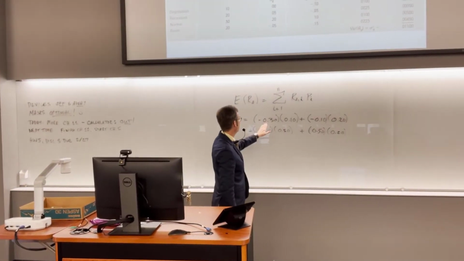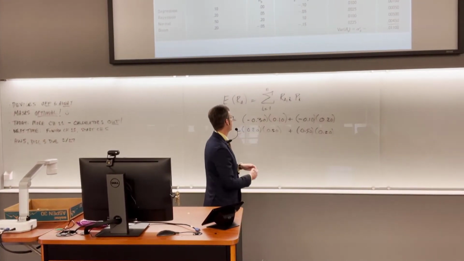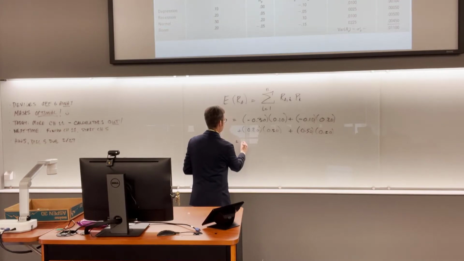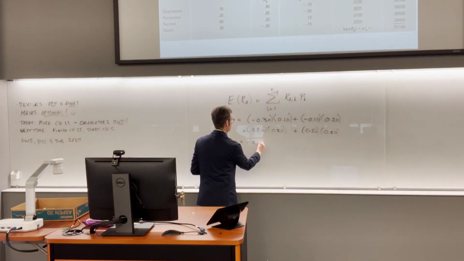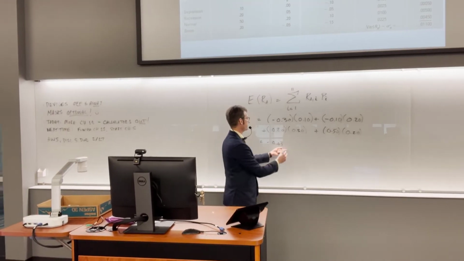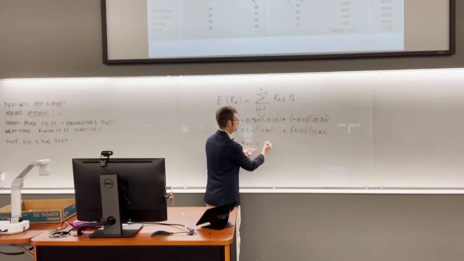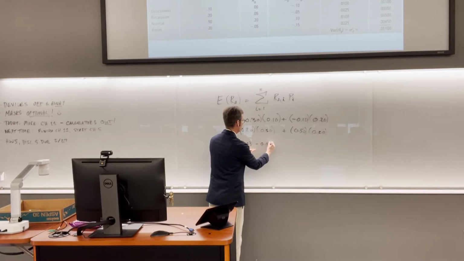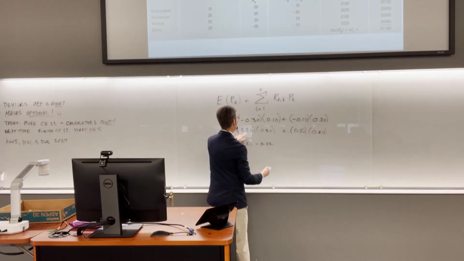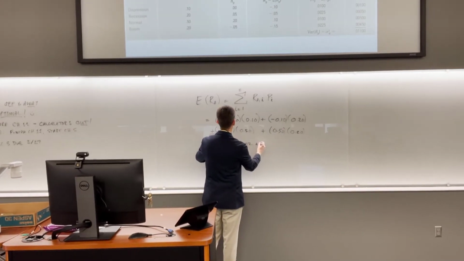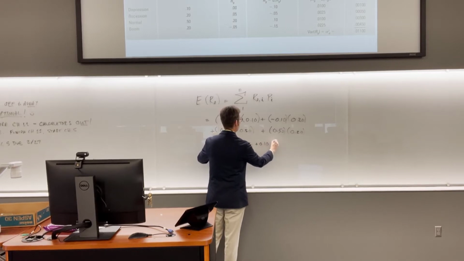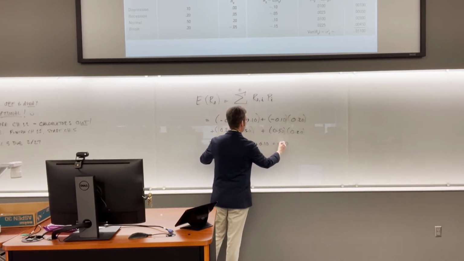So we've got negative 0.3 times 0.10, so that's negative 0.03. If you don't believe me, go ahead and do the math on your calculator. And then this next one will be minus 0.02. And then it's going to be plus 0.10 plus 0.10.